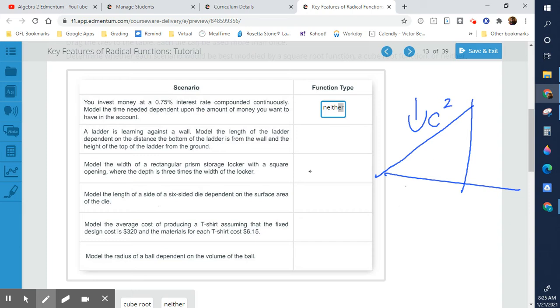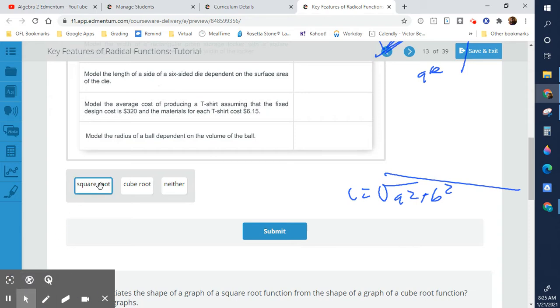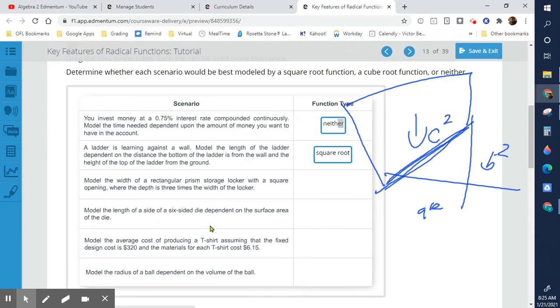So a squared plus b squared equals c squared, but we're solving for c, not c squared. C squared would be this. We just want c. So when we do that, we're going to do c equals the square root of something, and that answers our question now, doesn't it? C has to equal the square root of something. So this is a square root function.